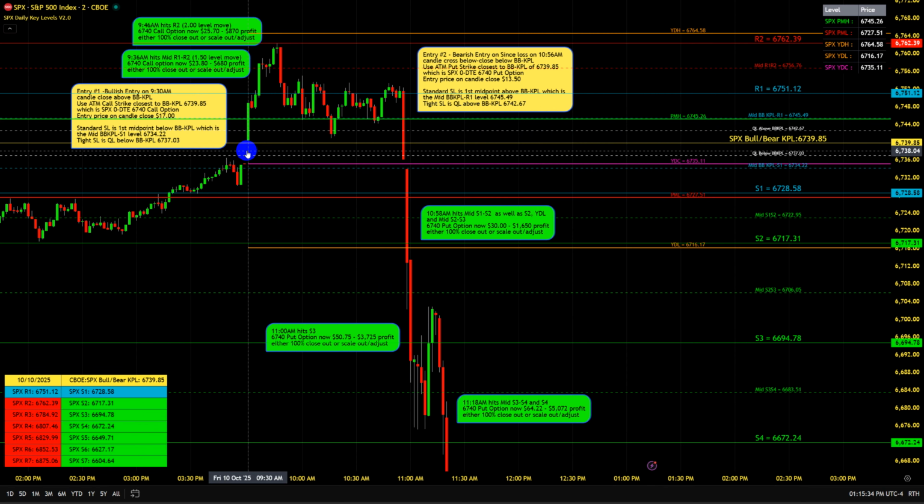It could have opened below it. The main point is that it closed above the bull bear KPL. So where it closes is the most important aspect of this opening candle. If instead the opening candle had closed below the bull bear KPL, then instead of looking at a bullish play off of this candle, we would be looking at a bearish play.